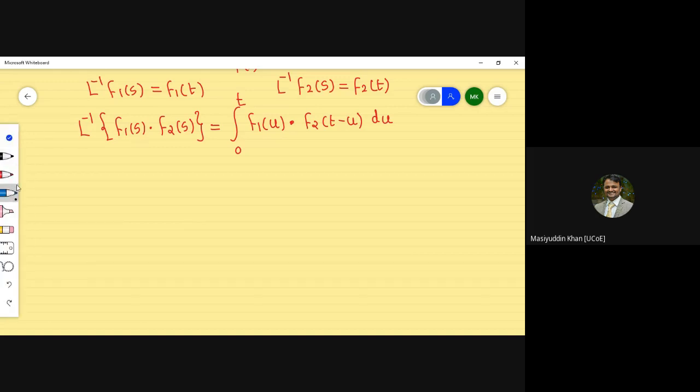So the problem part will be the first problem. In examination, the question will clearly mention that is by using convolution theorem.